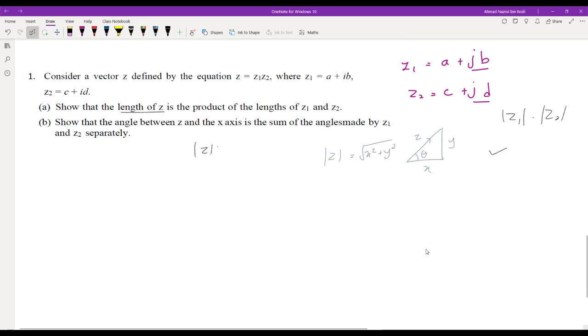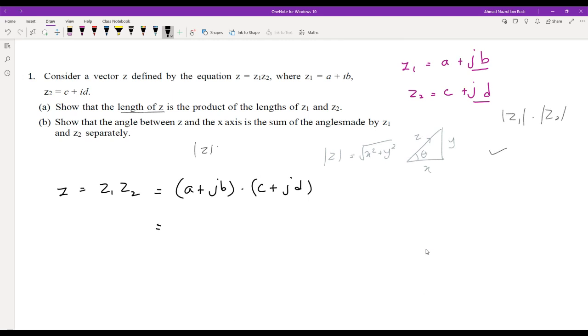And then we have here, we can do this to get this value first. So first, Z is equal to Z1 times Z2, which means A plus JB times C plus JD.